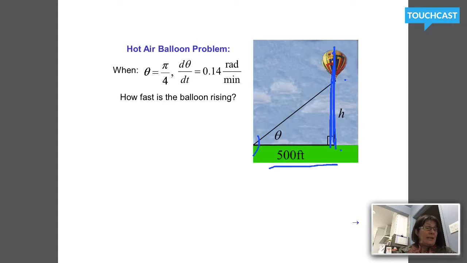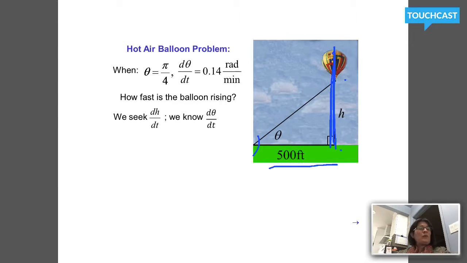You might find that for the AP test in a related rates problem, the picture might be drawn. The thing we're looking for is dh/dt. We know d theta/dt. In fact, they even labeled it d theta/dt for us. So that's going to help set us up. We know that we need dh/dt, and we know d theta/dt.